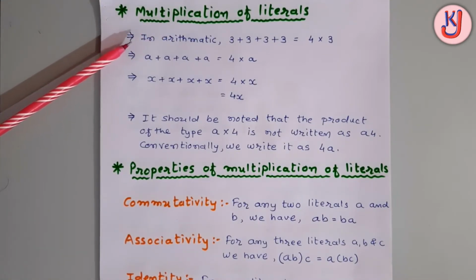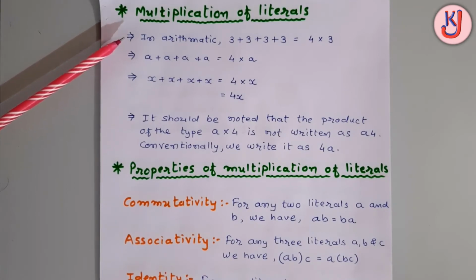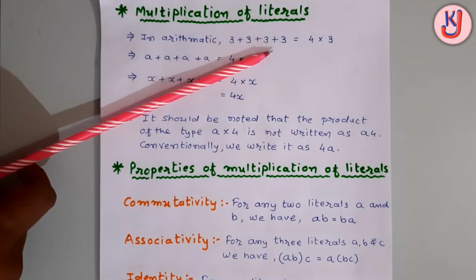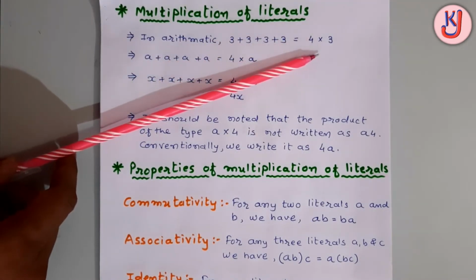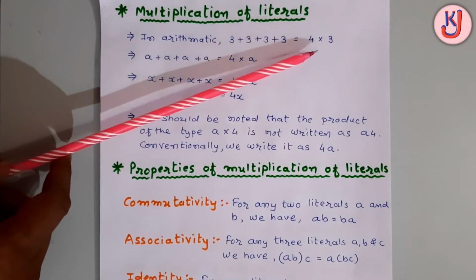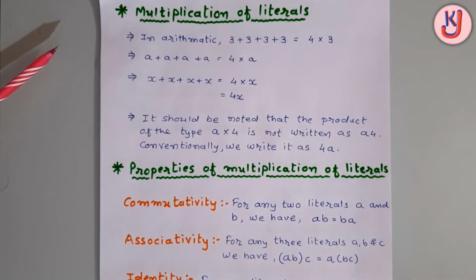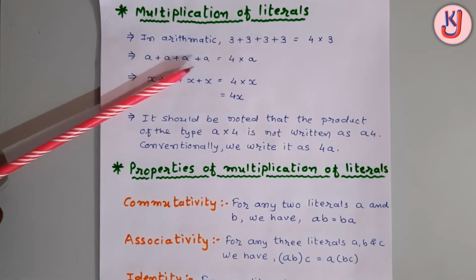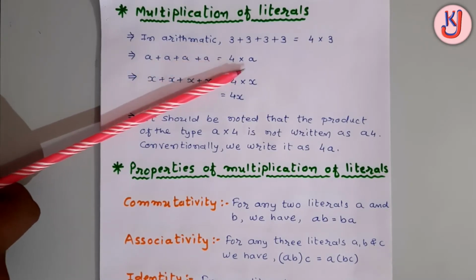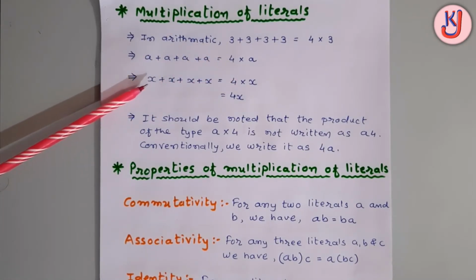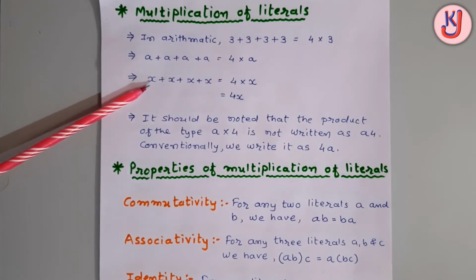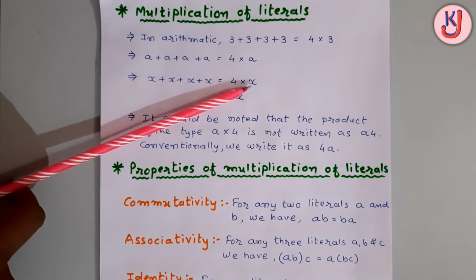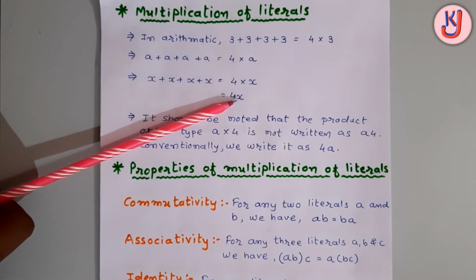In arithmetic, we studied multiplication as repeated addition. For example, 3 plus 3 plus 3 plus 3 means 4 times 3, which is written as 4 multiplied by 3. In the same way, a plus a plus a plus a means 4 times a, and for the literal x, x plus x plus x plus x is equal to 4 multiplied by x, so we can write 4x.